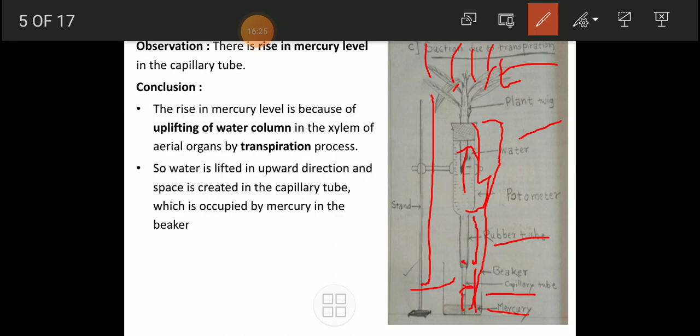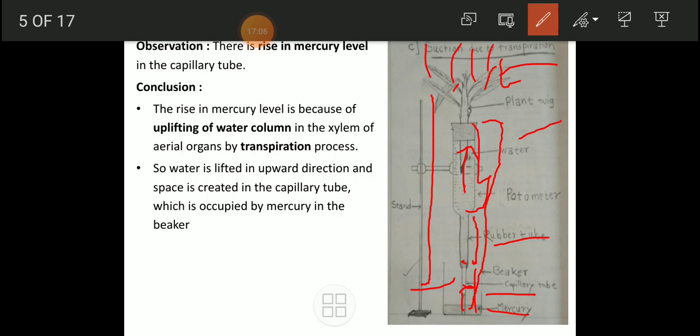The rise in the mercury level in the capillary indicates that a vacuum, some space, is developed, and that empty space is filled by the mercury, isn't it? Due to the continuous loss of water, this twig absorbs water from this potometer, and when there is some vacant space, it can be filled by the mercury, so that gives us the idea that some pull, transpiration pull, is created, and that transpiration pull is responsible for absorption of water, isn't it?